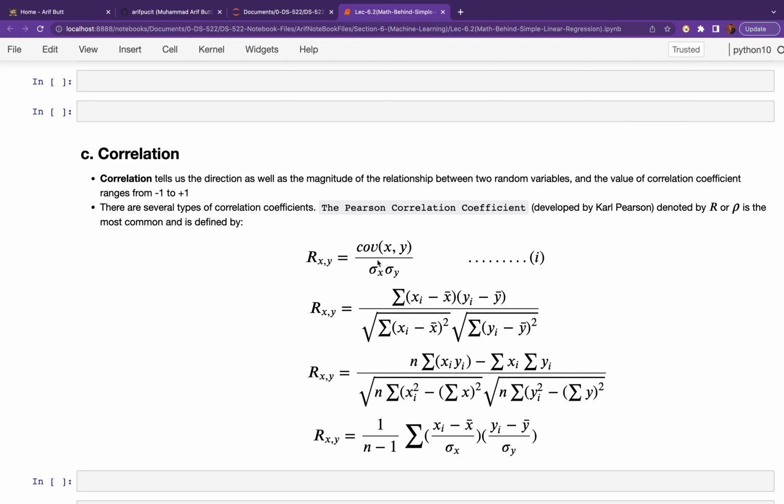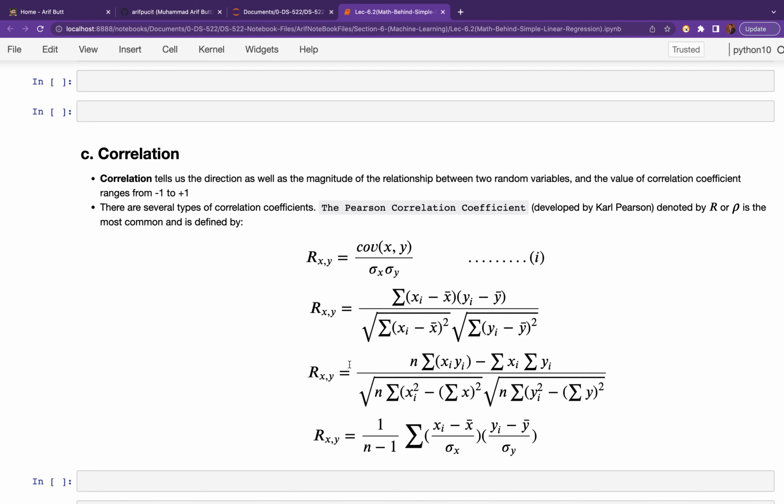Well, by substituting the above discussed formula of covariance in this equation 1 and doing a little bit of simplification, you can derive these three formulas. And of course, all these three formulas will return the same value of correlation coefficient, which will always fall between minus 1 to plus 1.